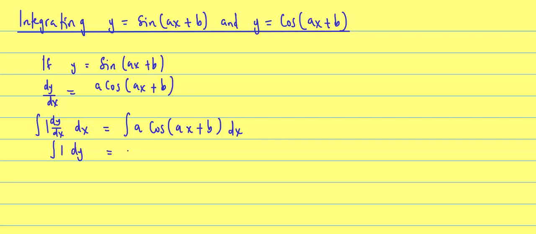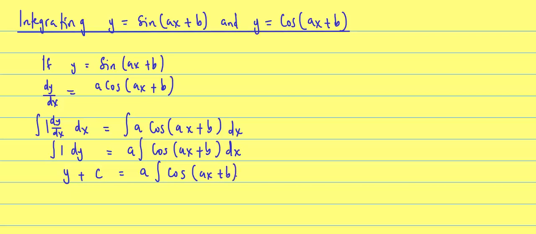I can factor out this real number a and say that it's equal to the integral of cos of ax plus b with respect to x. Now the integral of 1 with respect to y is going to be equal to y plus some integral constant which I'm going to call c, and it must be equal to the integral of cosine of ax plus b with respect to x.